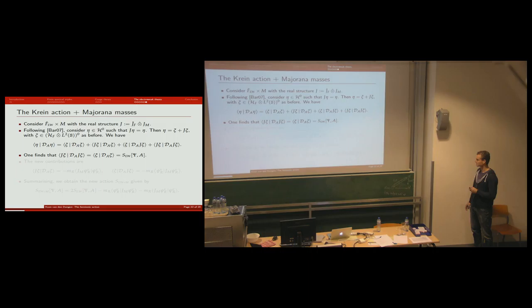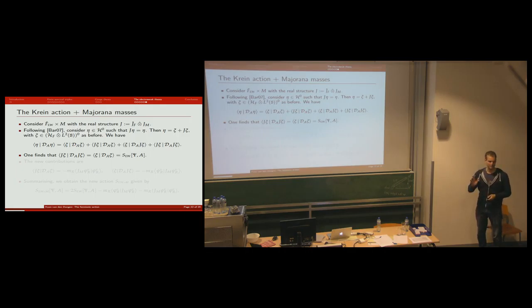But because the particles and the antiparticles are orthogonal in the Hilbert space, we have J psi being an antiparticle. So the only part that contributes to this inner product is when D_A psi is also an antiparticle. And because psi itself is a particle, this means that only the off-diagonal part of D_A contributes to this inner product.